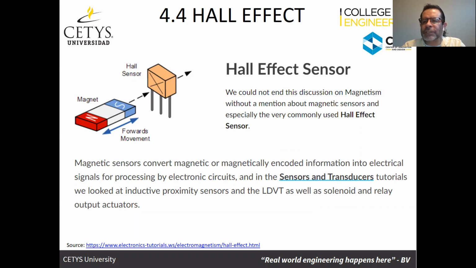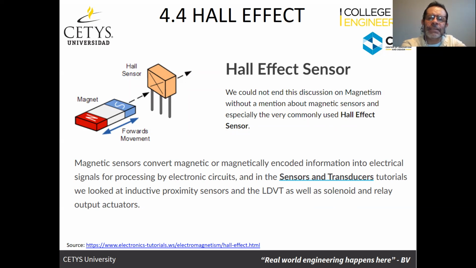You guys are probably familiar with the concept of a sensor. What is a sensor? A sensor is something that senses something, measures something, tries to detect something. And we have various types of sensors that we use.